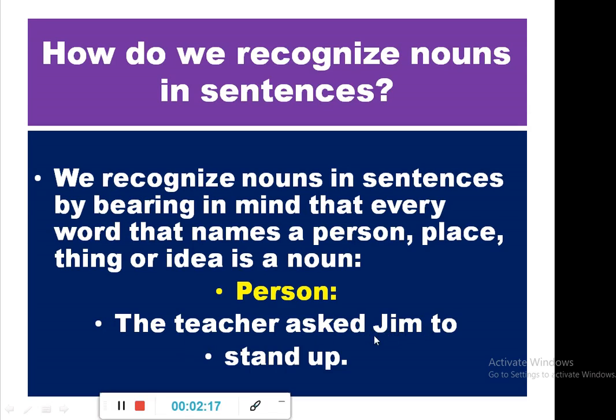That's the name of a particular person, and teacher is a common noun, the name that all the members of a class of persons have in common. There are many teachers out there, but there is one particular person whose name is Jim, and is probably not a teacher. It could be a student, but his name is Jim. The teacher asked Jim to stand up. All right.